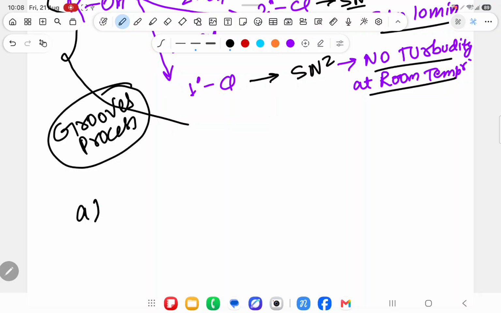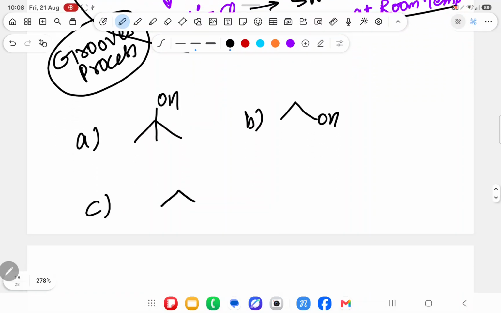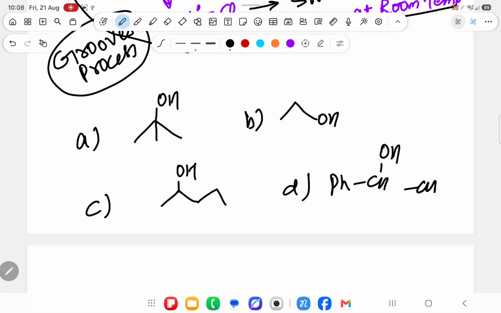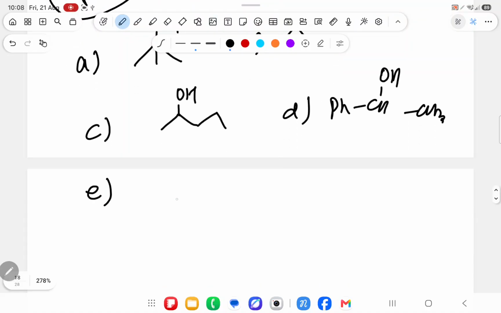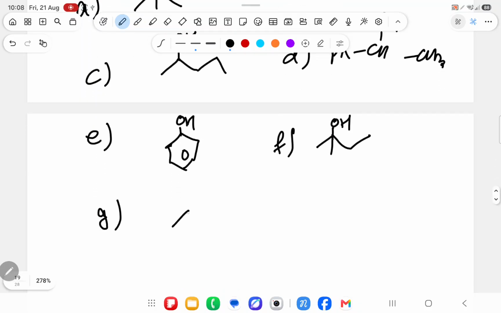Options A, B, C, D, E, F, G, H are various alcohol structures.